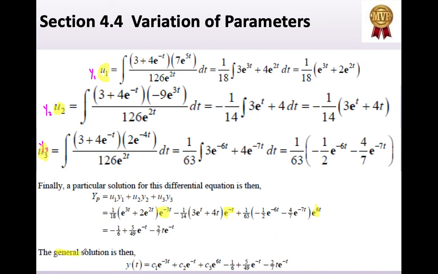And then here is the general solution, which is your particular and your complementary together. Now, if you look at that, is there anything you can put together? Yeah, I would have put those together. You don't have to write this down.